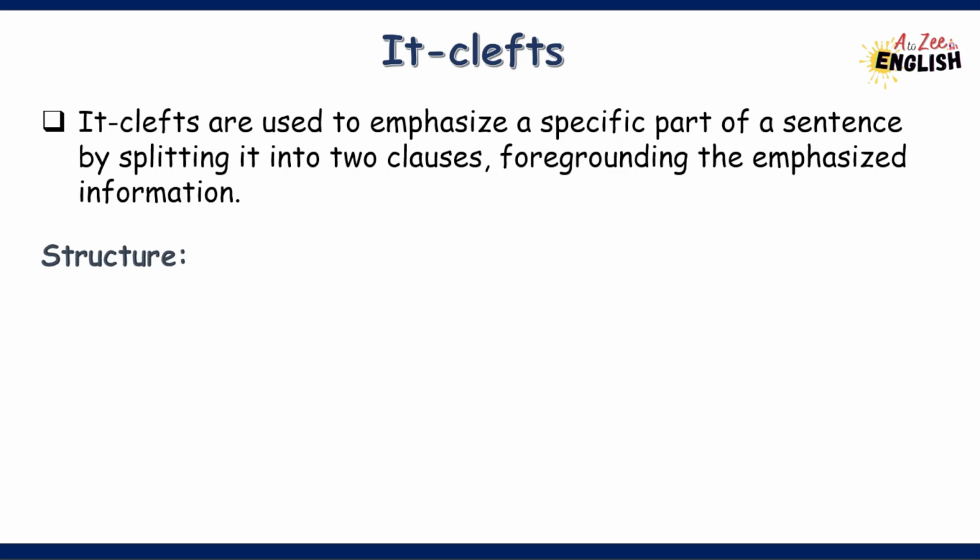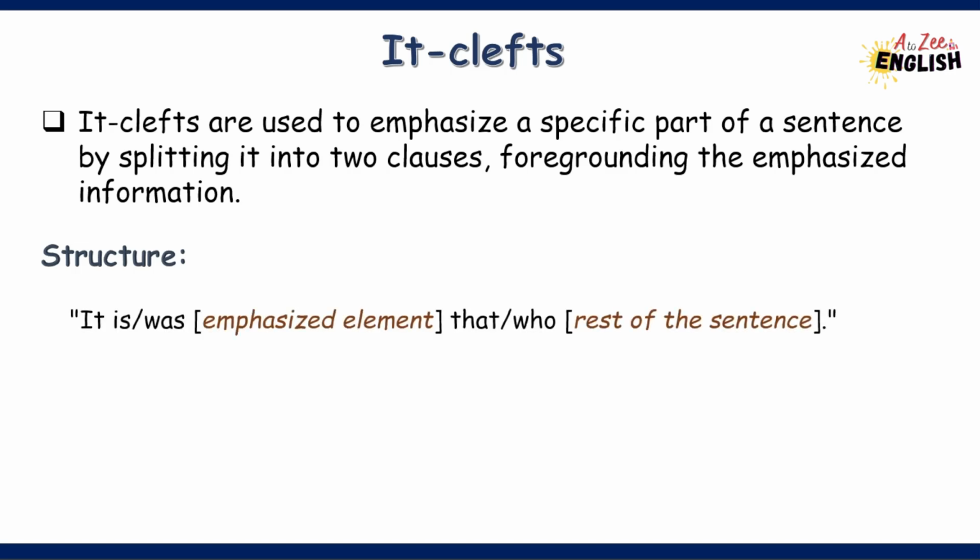Structure. The basic structure of an IT cleft sentence is it is or was followed by an emphasized element and that or who, the rest of the sentence. Here, it is or was introduces the sentence and sets up the emphasis.